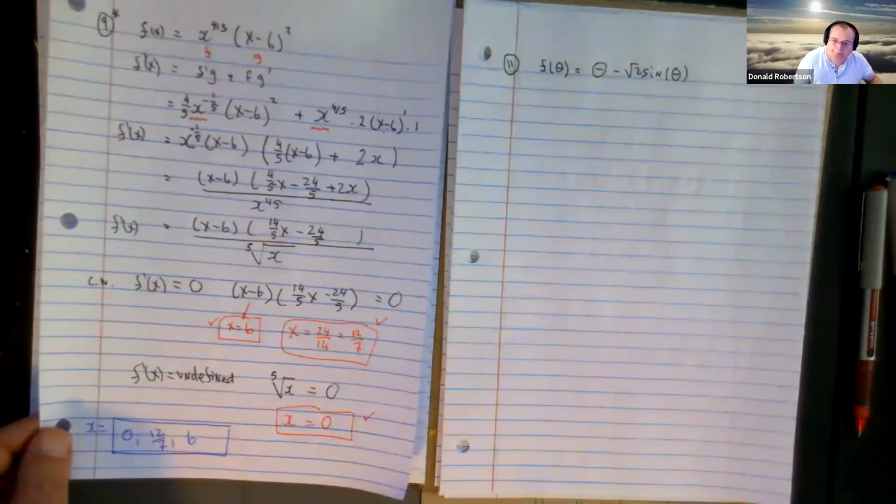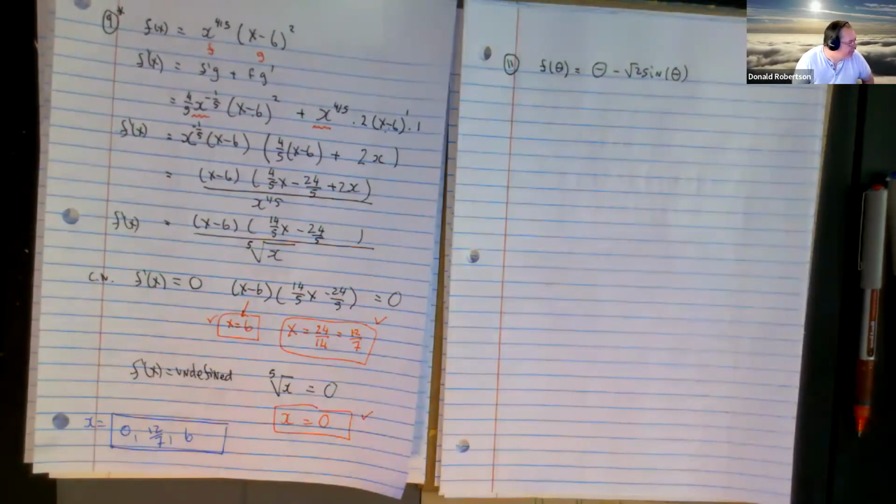Okay. Trig. Now, in question 11, they ask us to find, like all the others, all the critical numbers. And then it says, enter your answer as a comma separated list. That's normal. And then it says, use n to denote any arbitrary integer value. Okay.